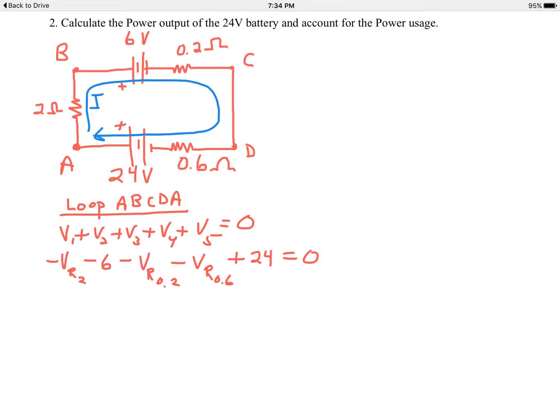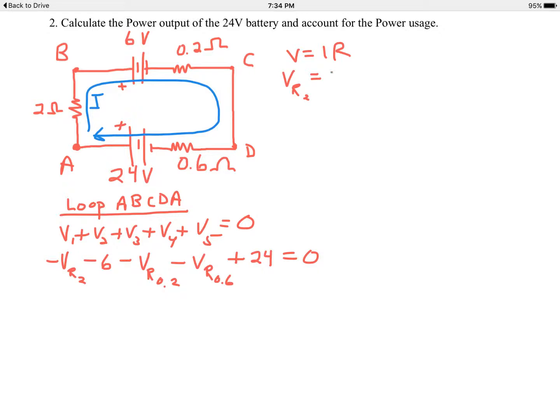In other words, for each of those resistors, I'll go to the top here, V equals IR. So for the 2 ohm resistor, VR2 will be the current in that resistor, that's I, times R, but I'll do R times I. I can rearrange those by the commutative property of multiplication.